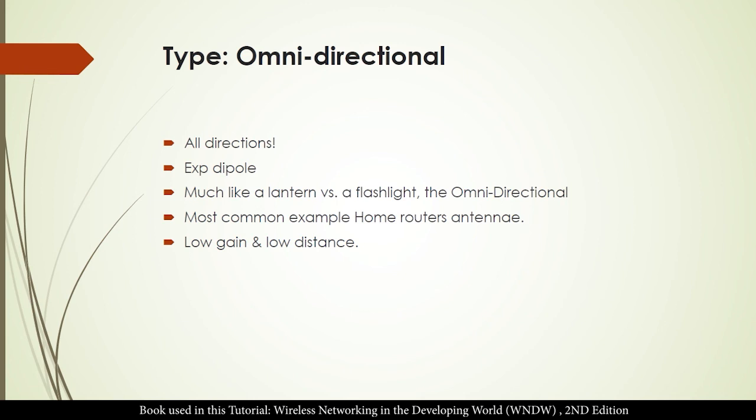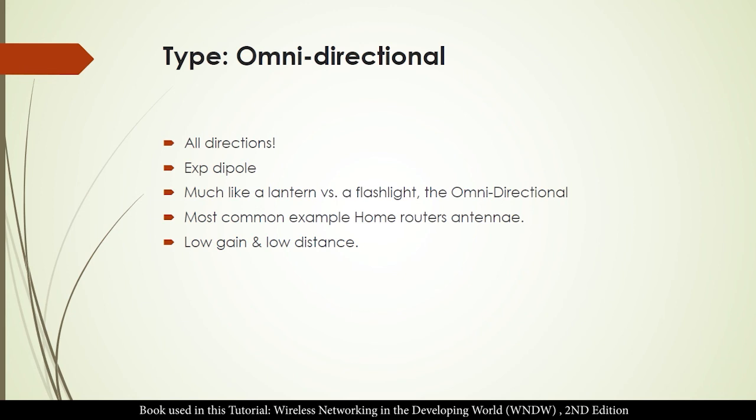The most common antennas that we use in our homes are omni antennas. Like you have seen the antennas on the 2.4 and 5 gigahertz band routers, they are omnidirectional antennas with low gain.